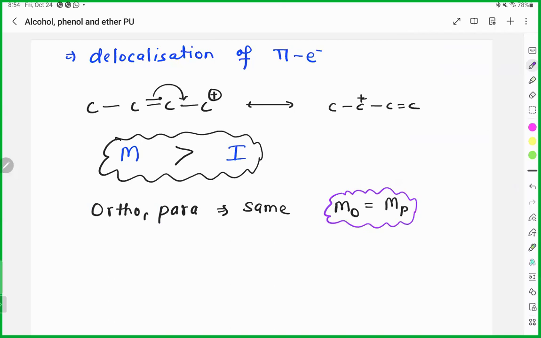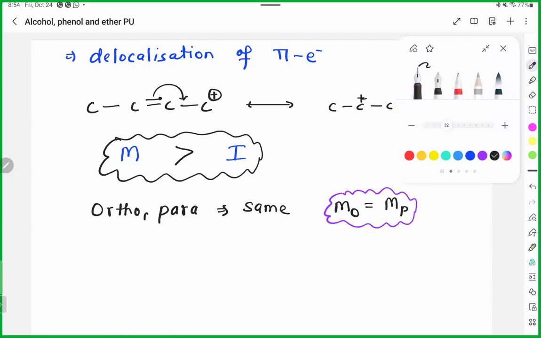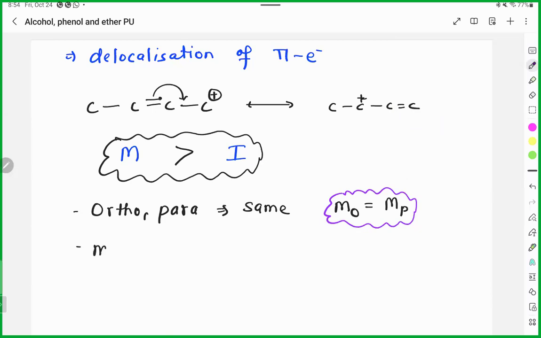What happened in the case of meta, Samarth? Well, meta does not provide conjugation. Yes. In the case of meta, Chinmay, there is no conjugation, no resonance. That's why resonance effect on meta will be zero.